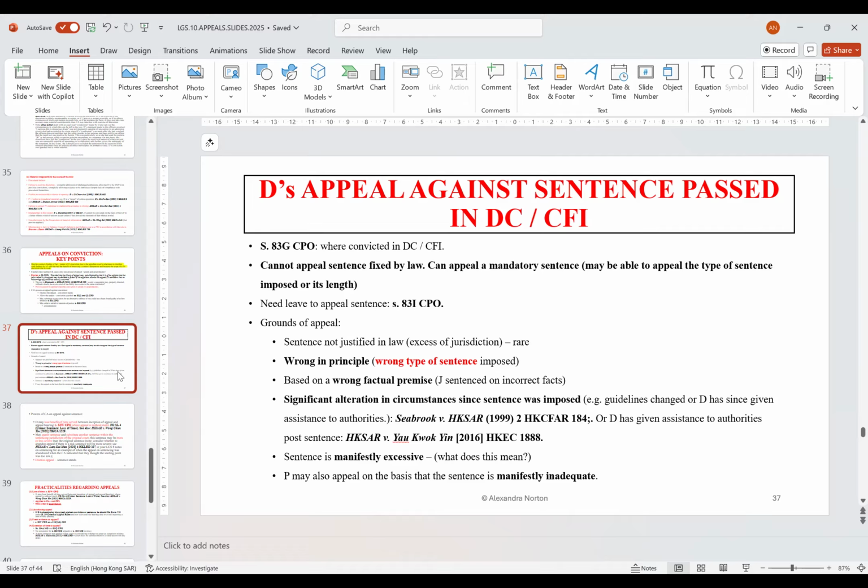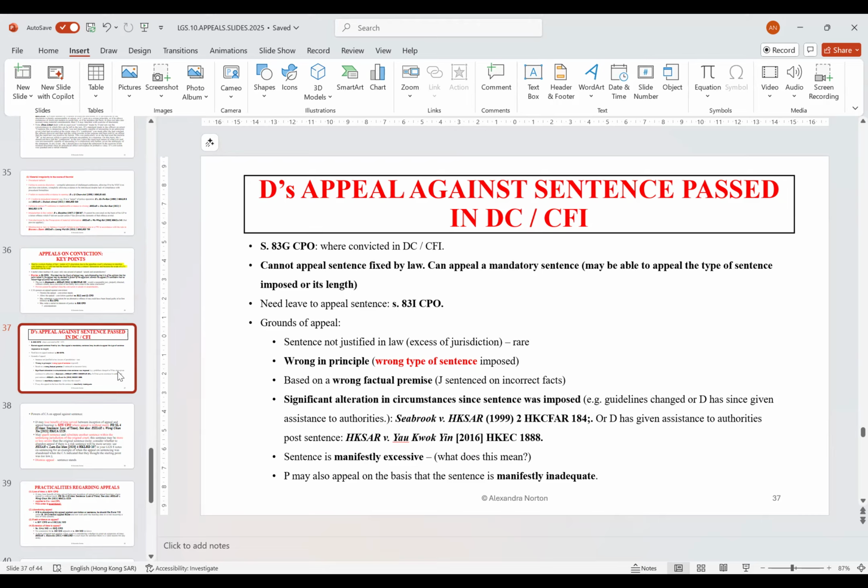So you could appeal the type of sentence that was imposed and argue that a different type within that mandatory regime should have been imposed. So you sentence him to imprisonment, but DC or RC was more appropriate. So you could appeal the type. But if he's sentenced to imprisonment, for example, of 3 years, then you could appeal the length of that imprisonment.